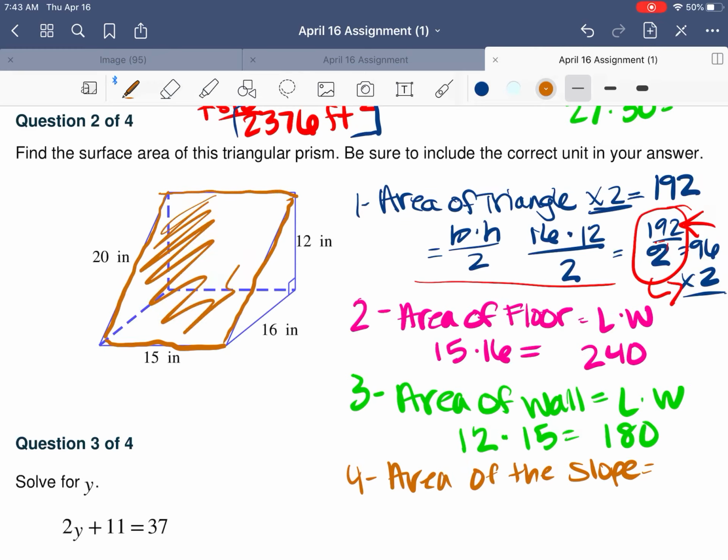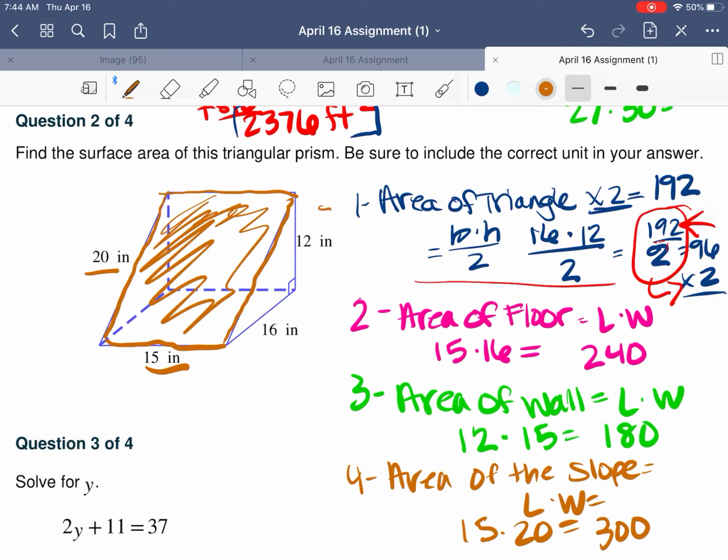And so it's like that part right there. And again, it's just really a rectangular shape anyway, so it's just going to be length times width. And I can see that it has these two sides, 15 times 20, which is 300.